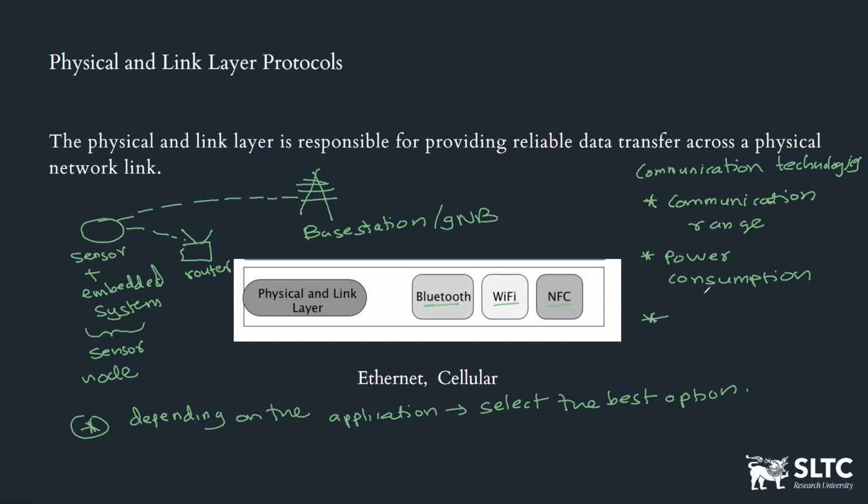And then we can also consider the data rates that we can achieve. So we consider the communication range, the power consumption, and the data rates we can reach using this communication technology. We need to consider all these aspects when choosing the best communication technology for our application. Depending on the application, we need to choose the best one.